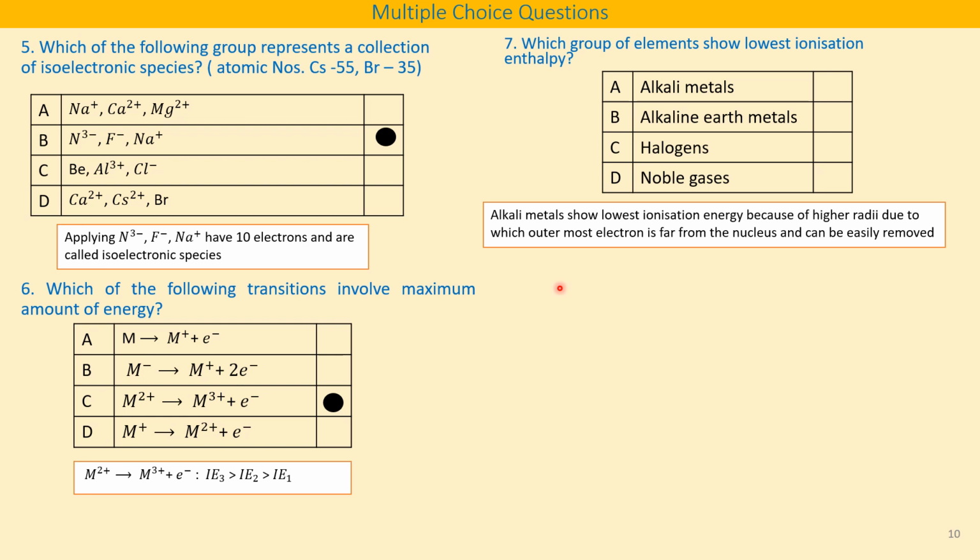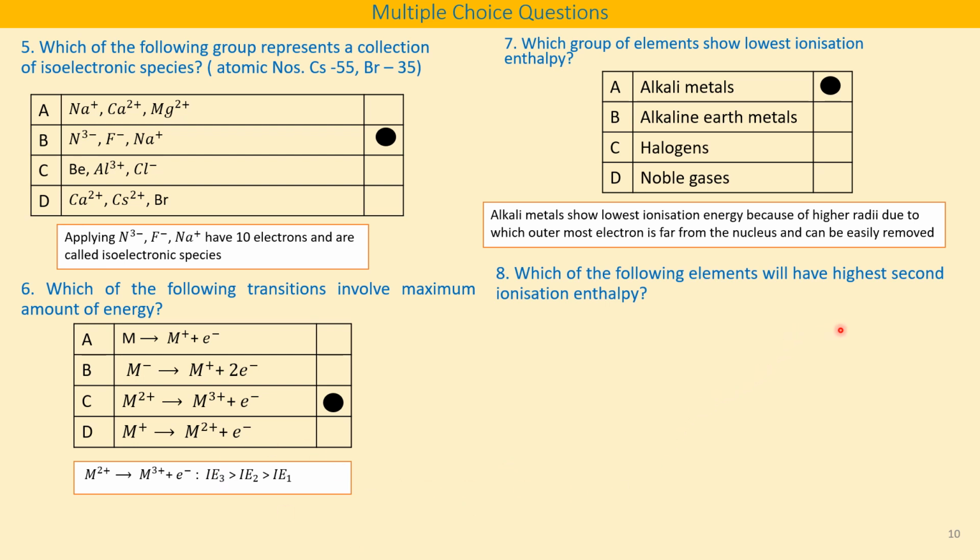Hence, the correct answer is A. Please mark it. Option A is the correct answer.